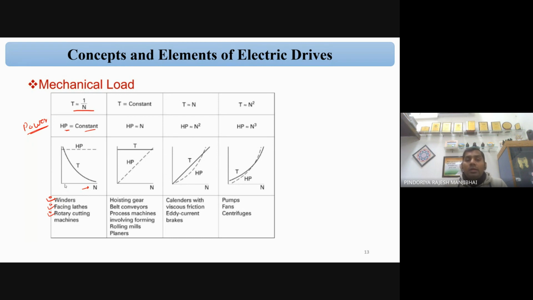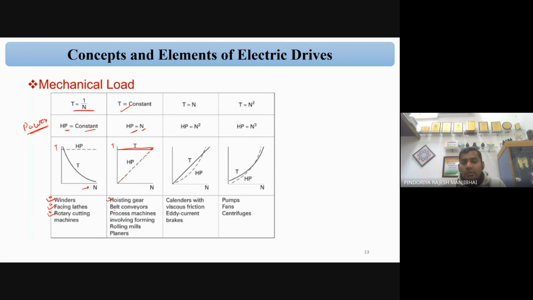Second one, torque is constant. If torque is constant, then obviously horsepower is proportional to the speed. On the y-axis there is torque, and also torque here, on the x-axis there is speed. Torque is constant, so you can see horsepower increases linearly. Where can we use this characteristic?